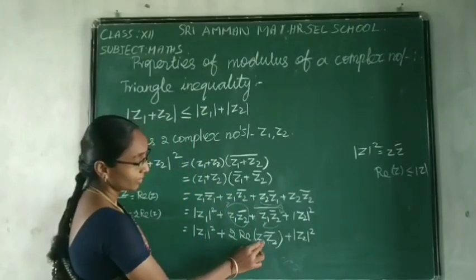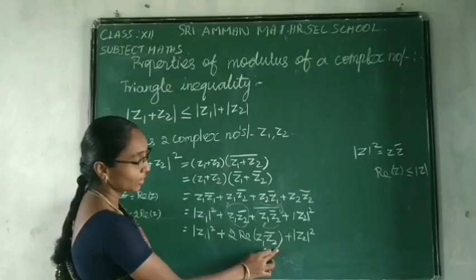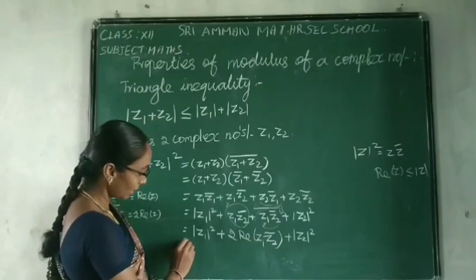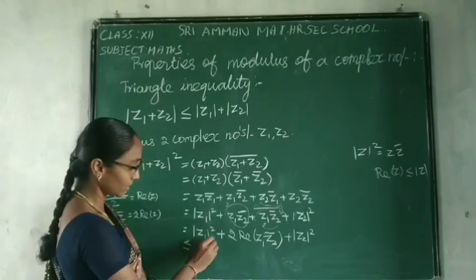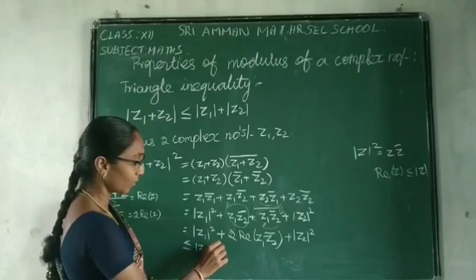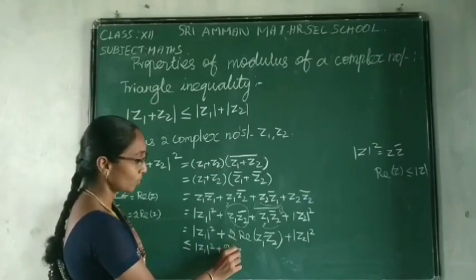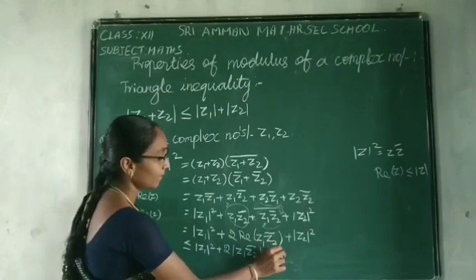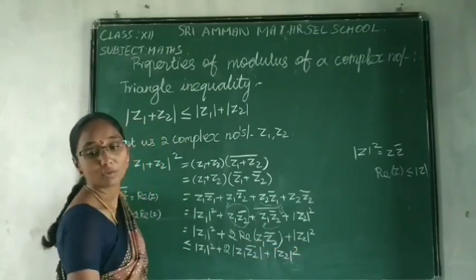So this one, real of z1 z2 bar, is less than or equal to modulus of z1 square plus 2 modulus of z1 z2 bar plus modulus of z2 square.